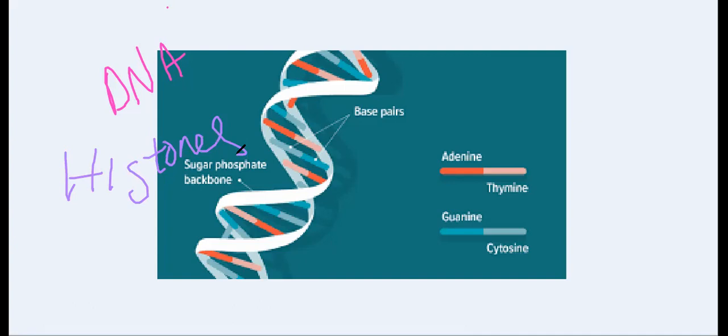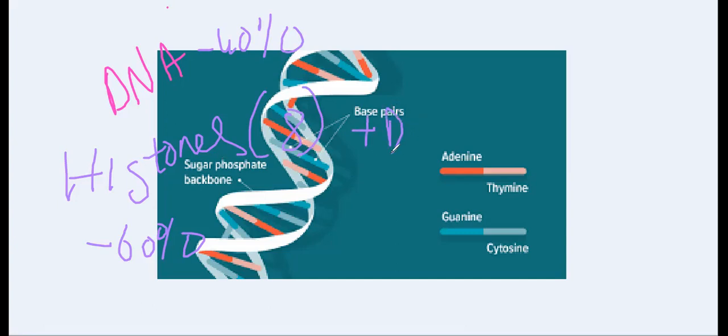What are histones? Histones are a particular type of protein. In chromatin, the DNA is about 40% and histones are about 60%. There are a total of 8 histones, which means 8 histones plus a DNA form chromatin.